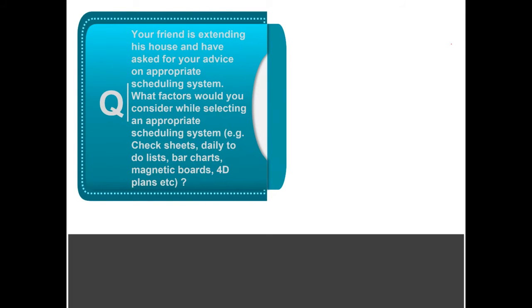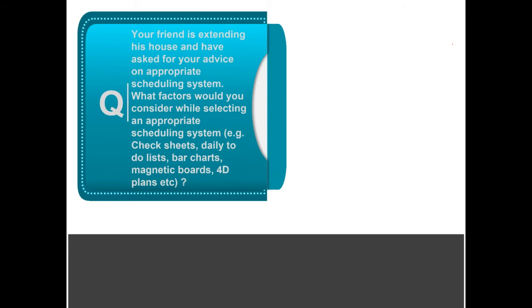Now, a reflective question here. Your friend is extending his house and has asked for advice on an appropriate scheduling system. So they have heard about different software and different scheduling systems. What factors would you consider while selecting an appropriate scheduling system? So which scheduling system would you recommend?